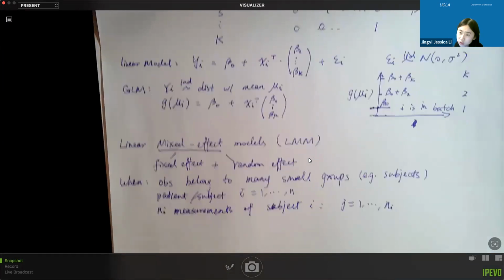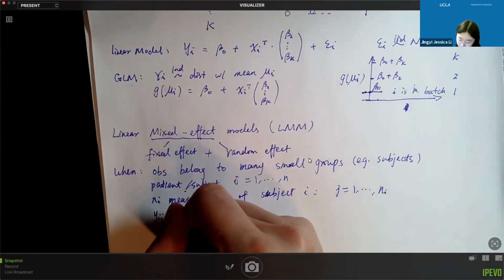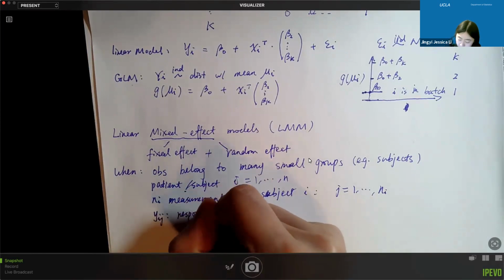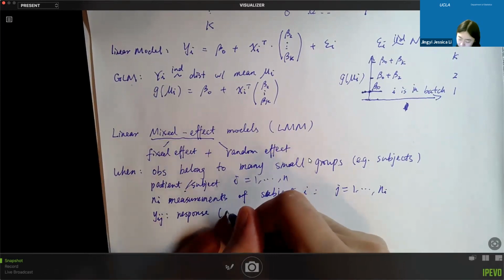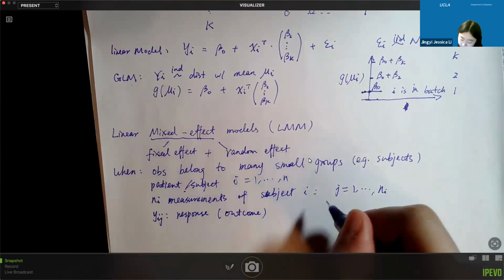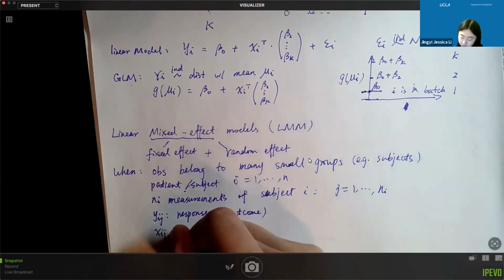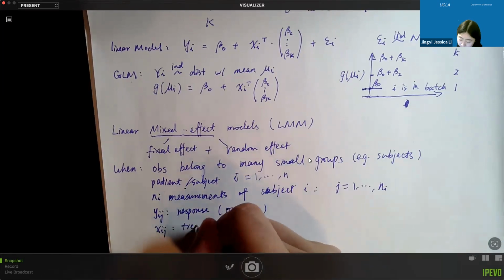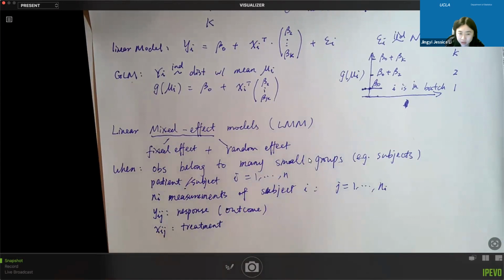And we do have the measurement, say Y_ij is the response, for example the clinical outcome. And we have X_ij, which is also a scalar. This is just the treatment, in the jth measurement of the ith person.